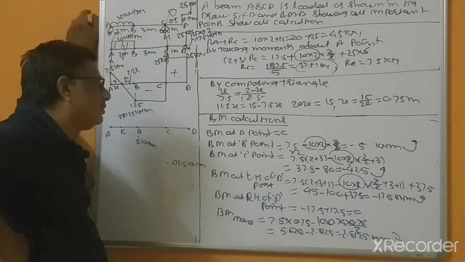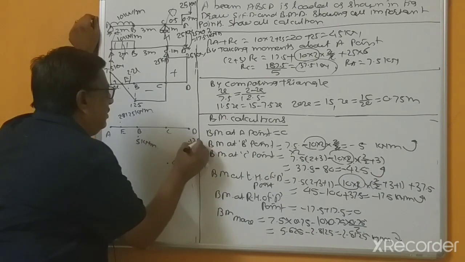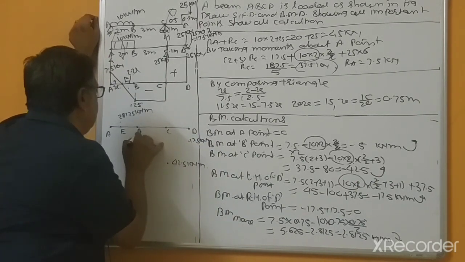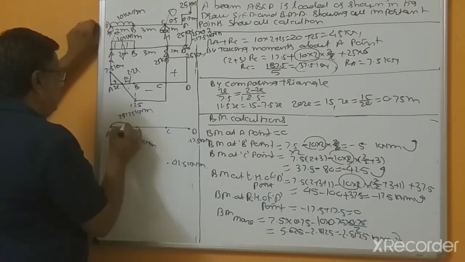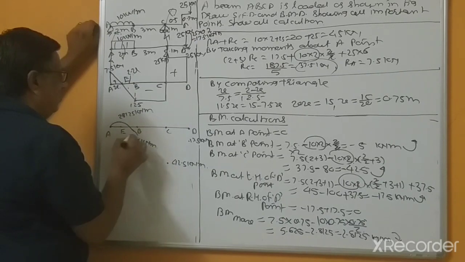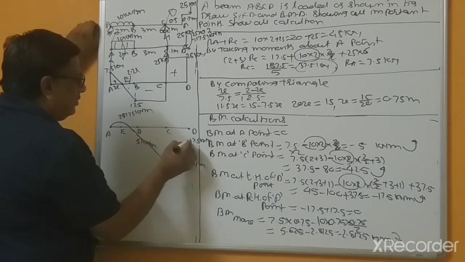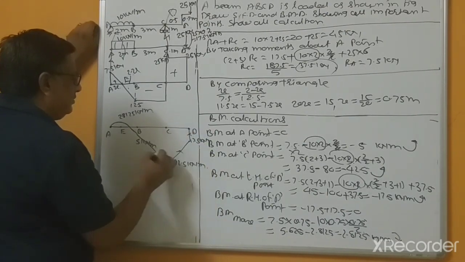Next, minus 17.5 left hand side kilonewton meter. So that's why, because this curve is the parabolic curve and this is straight line, this is also straight line, this is vertical straight line.